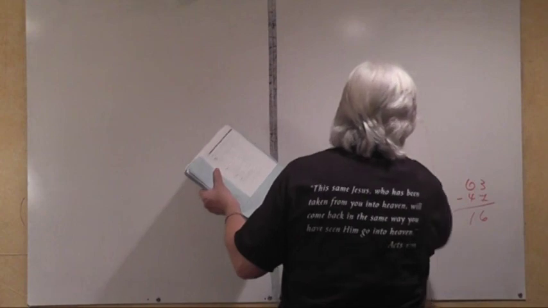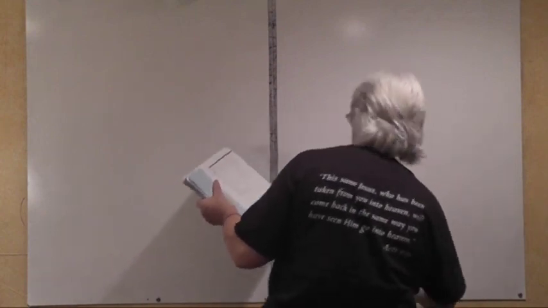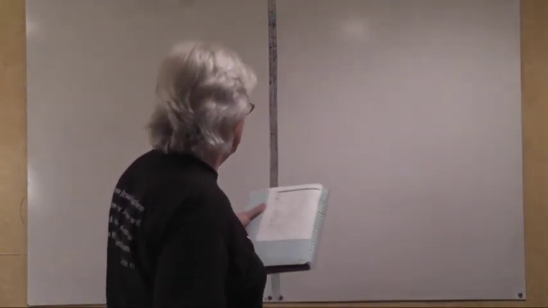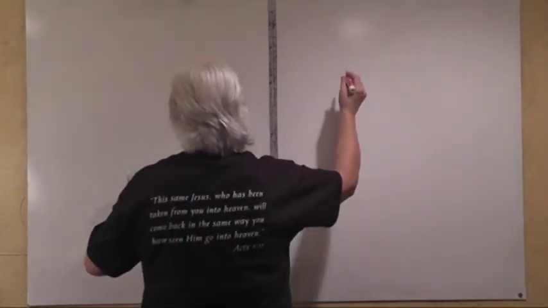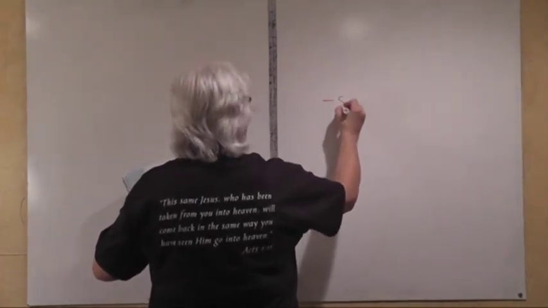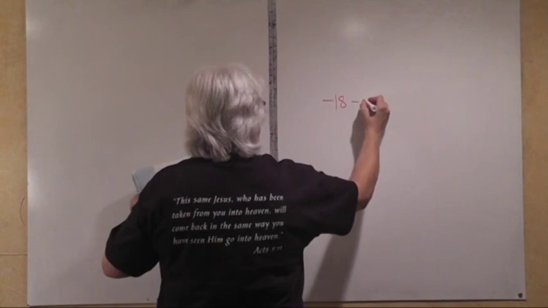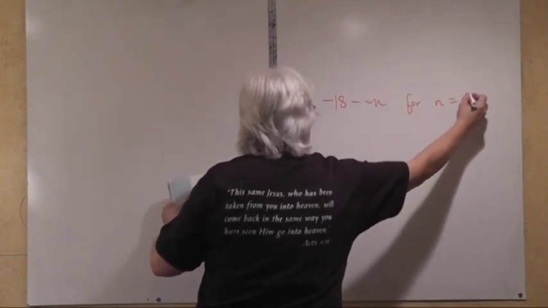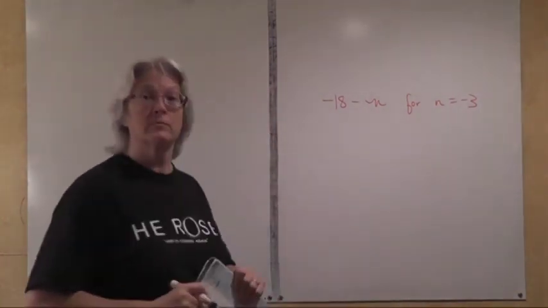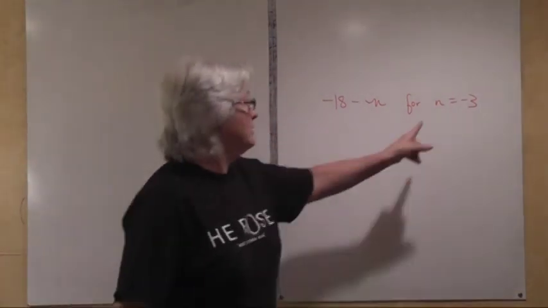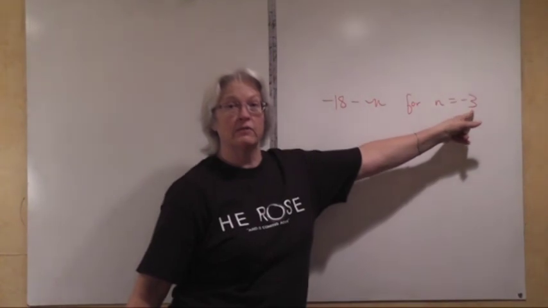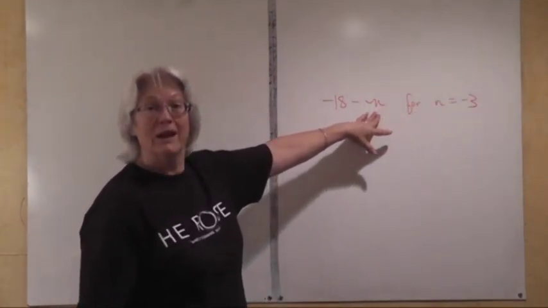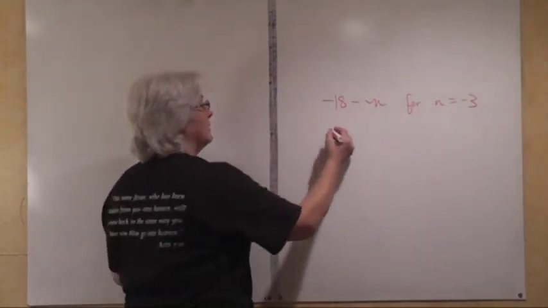We'll do one more example for you. Let's say number 24. This is negative 18 minus n for n equals a negative 3. What are we going to do here? Substitute the negative 3 in for the variable n in our problem.